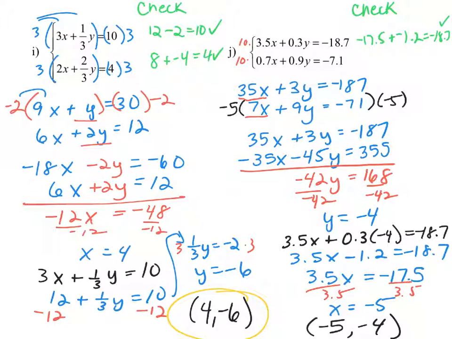And we're going to plug the solution back into the second equation. 0.7 times negative 5, that is negative 3.5, plus 0.9 times y, which is negative 4, is negative 3.6. So when you add those together, you do get the negative 7.1. So we know that negative 5, negative 4 is a solution to that system of equations. By multiplying the original equations by 10, we were able to get the equations without any decimals.